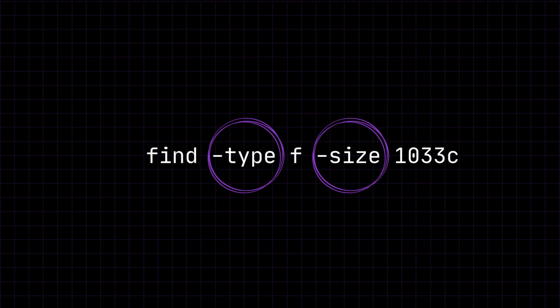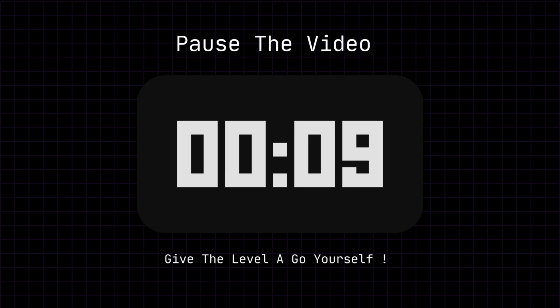To specify where to start the search, provide its path right after the find command. By adding the slash, it represents starting the search from our root directory. That is all the hints I'm going to give you for this level. Before I show you the solutions, feel free to pause the video if you want to give the level a shot yourself first.